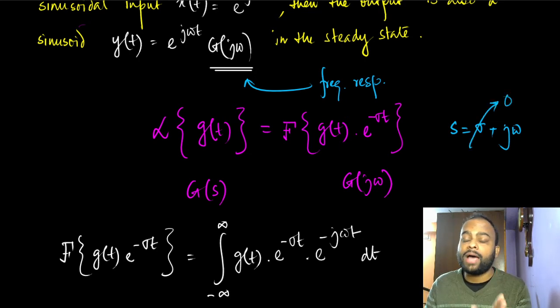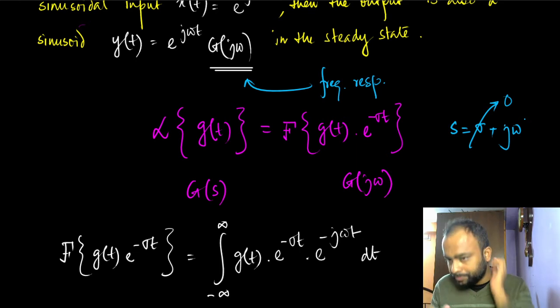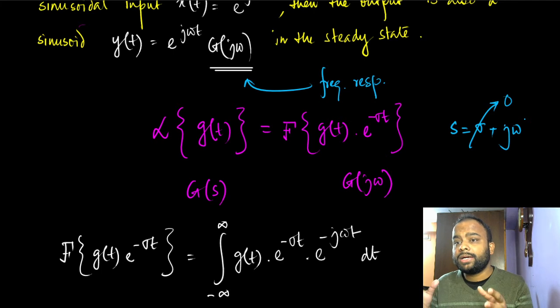This also has some better explanation in the fact that if I have a stable LTI system, and you calculate the output for any given input, you would see that this sigma term will appear on top of exponents, and for stable systems, this sigma will be negative. Again, for better explanation, please go back to the lecture on BIBO stability. We have derived all these things.